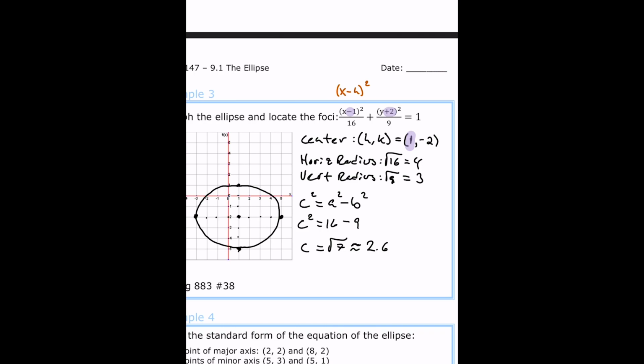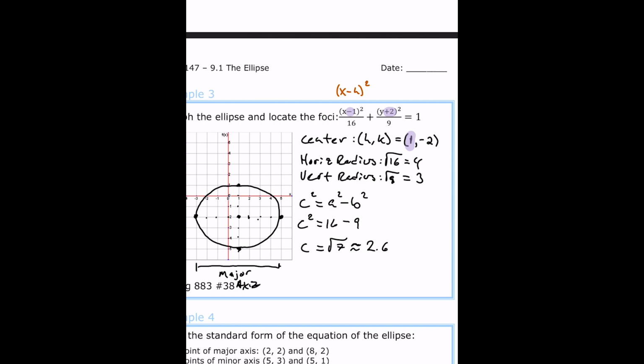From the center, we're going to go approximately 2.6 units to the left and right of the center, because the horizontal axis is our major axis. It's the longer one. And we know that our foci are always on our major axis. So I'm starting at the center.